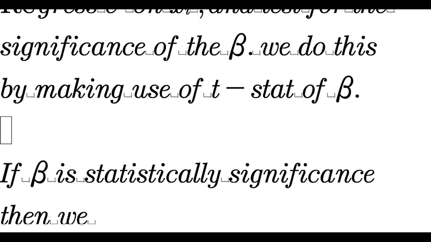The H sub A, the alternative hypothesis, says that there is the presence of heteroscedasticity in the model or in the error term.